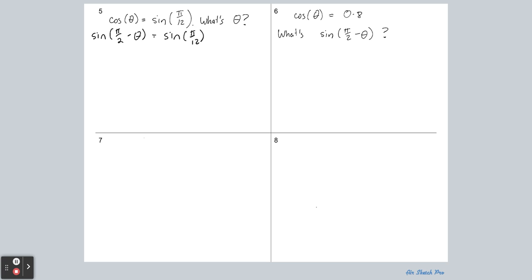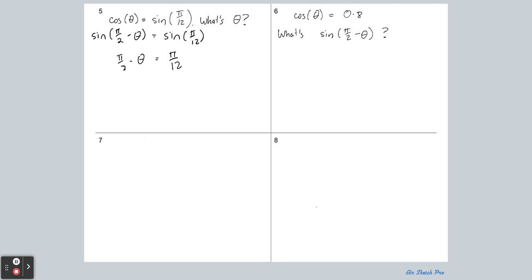Now we're going to do a classic mathematical trick of saying, well, if we've got sine of something here and sine of something here, then these two things must be the same. We call it equating arguments, where the argument is the value that we're inputting into the function. So we're saying that pi on 2 minus theta, therefore, must be the same as pi on 12 by equating arguments. And now we just solve for theta.